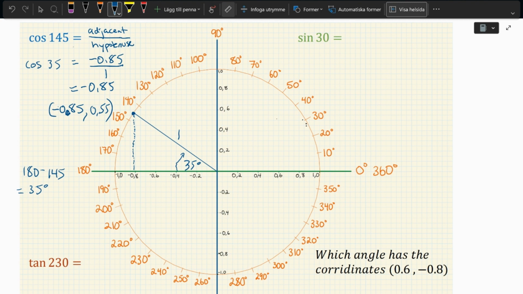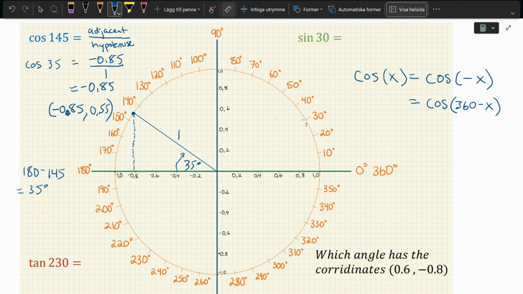Like we did earlier, we can also say that we have two possible answers. What I mean by this is that the cos of some angle x will also be equal to the cos of the negative x. Basically, this means that the cos of x will be equal to the cos of the value when we take this angle away from 360.